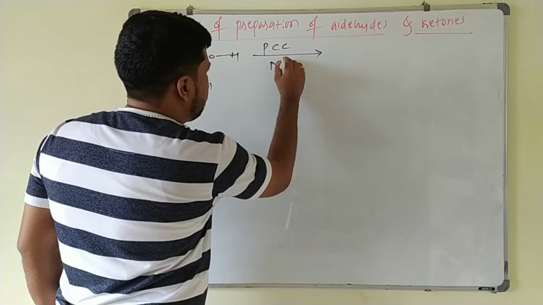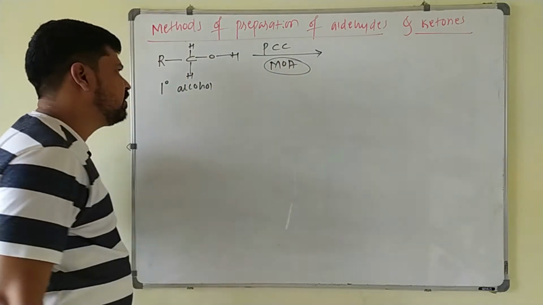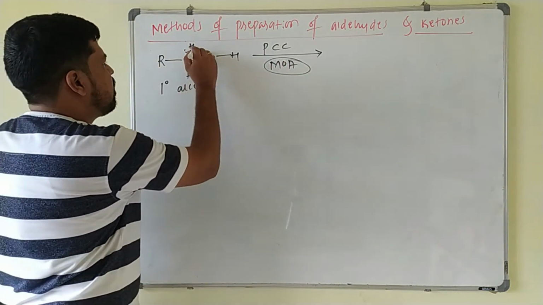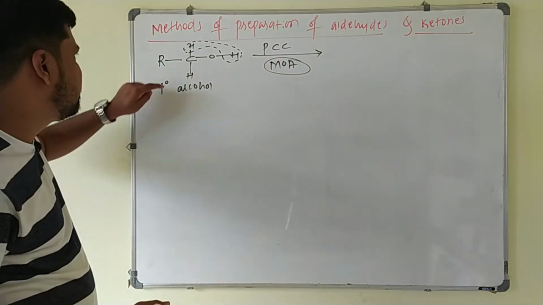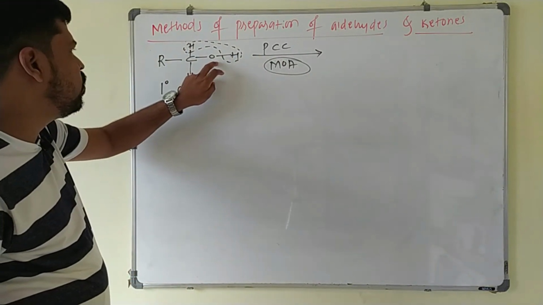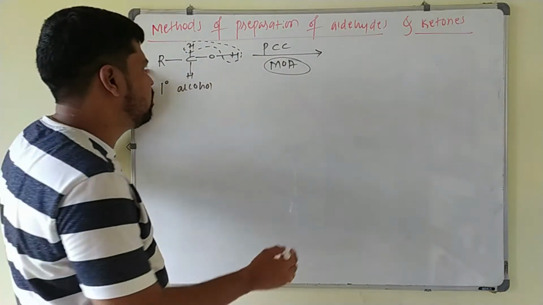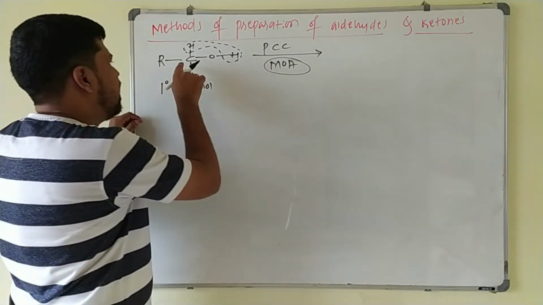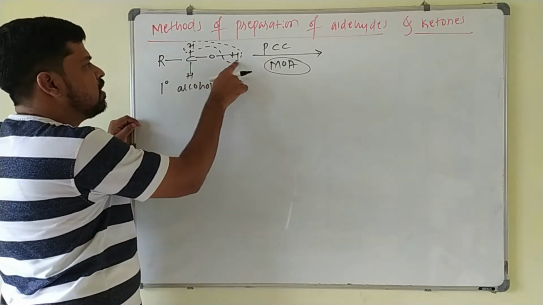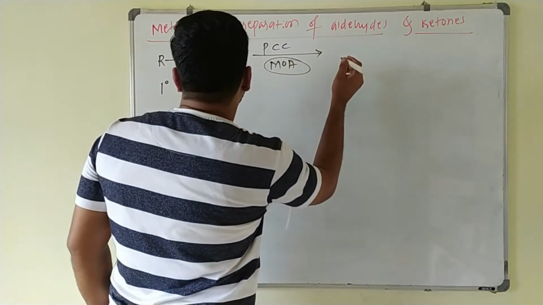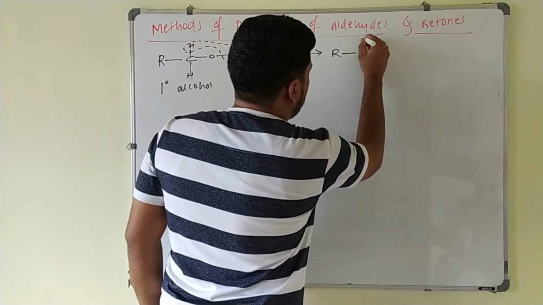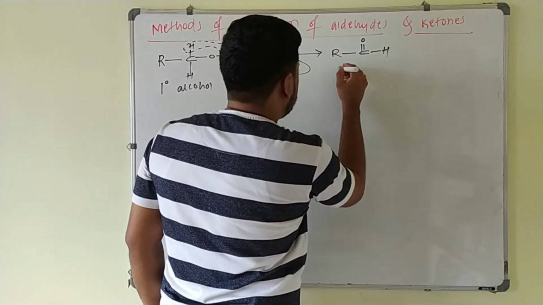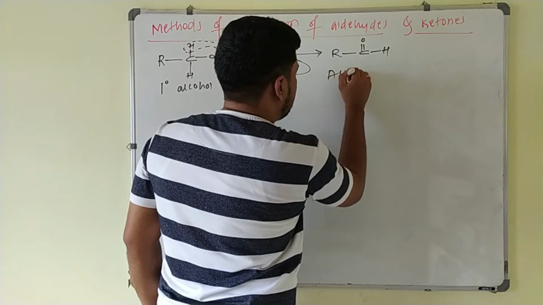Then these primary alcohols will undergo oxidation to form aldehydes. Here this is a primary alcohol because this OH is attached to a primary carbon atom. So if you break the sigma bond of this carbon and this oxygen, you have to form a double bond between carbon and oxygen. So this becomes RC double bond O, H. This is your aldehyde.